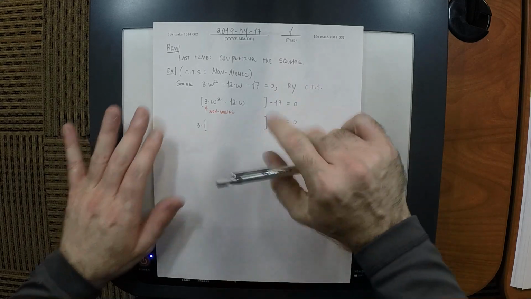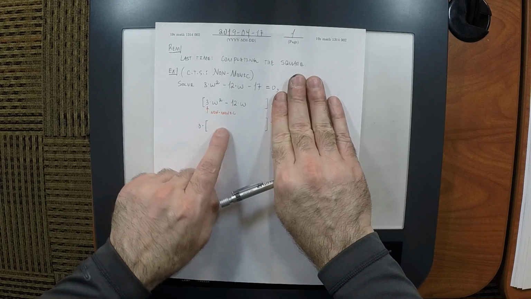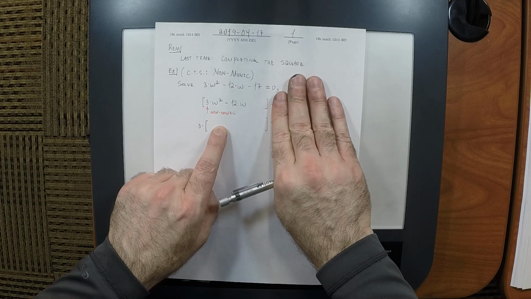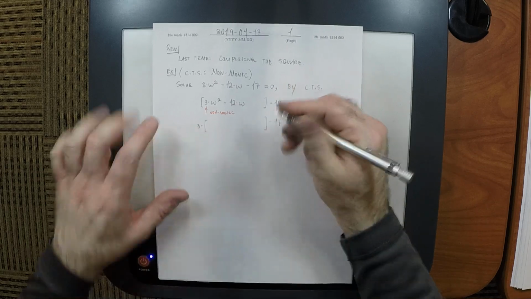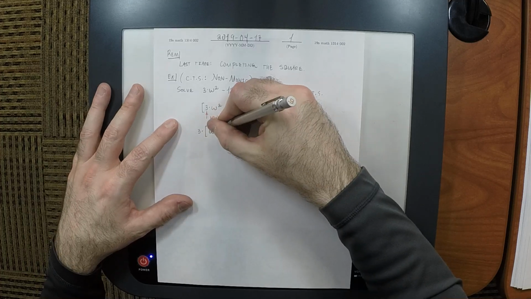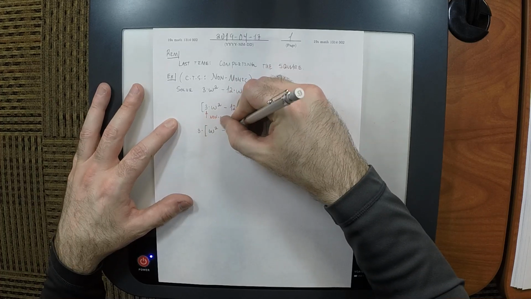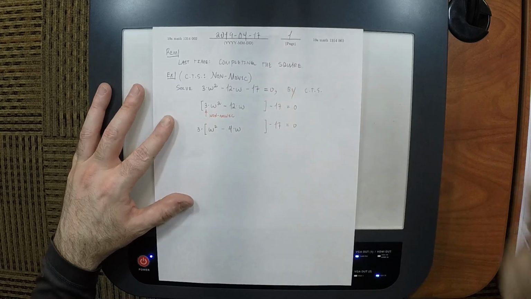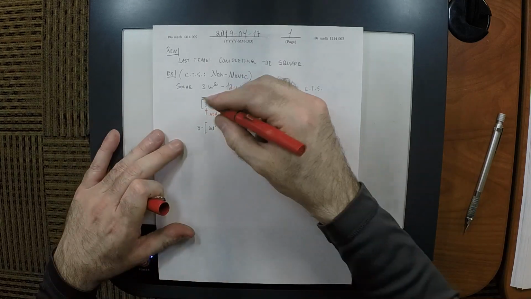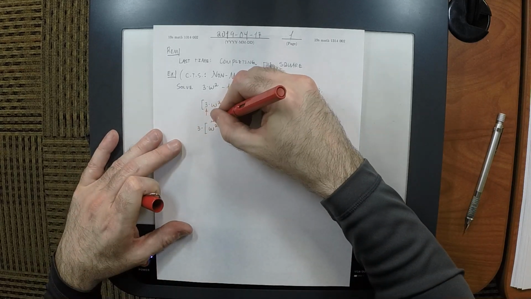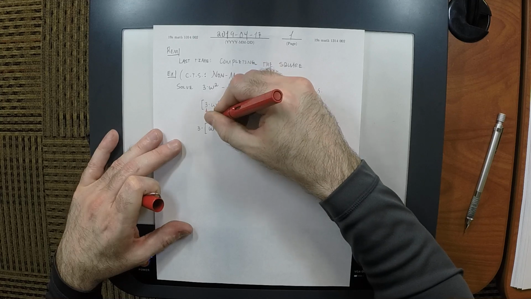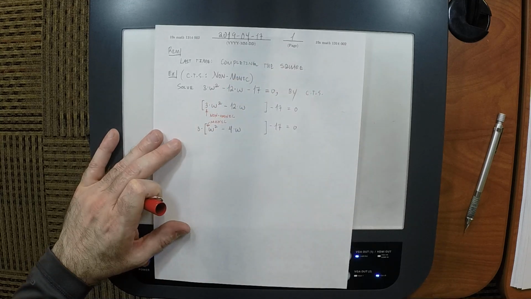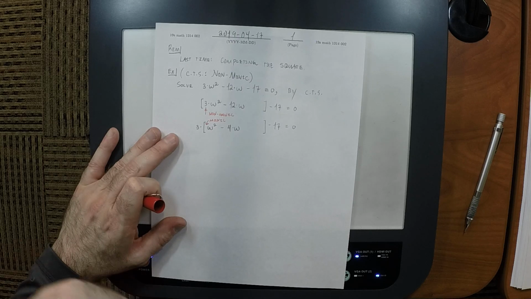So if we factor the 3 out, then what do I need to write in here? Okay, good. So w squared, and then minus 4w, like that. So now it's monic. So that's good.